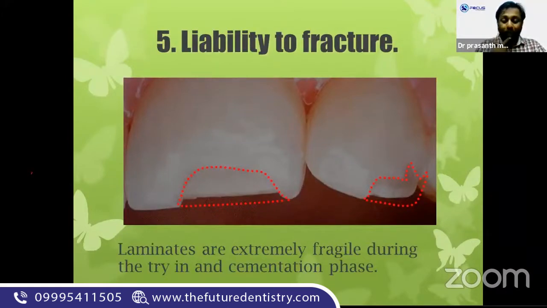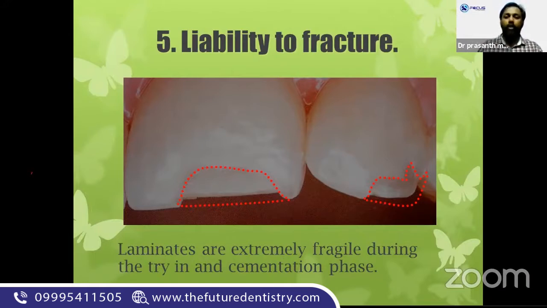Then during try-in, we can check the seating of the veneers, but if we are not careful enough, definitely it will fracture. Even recently, my friend two days back had one veneer fracture while just checking the seating. He said it might be due to a faulty impression because it was not properly seated.